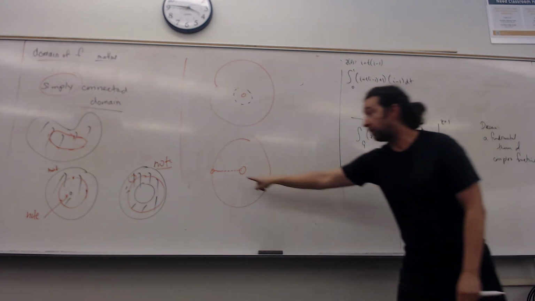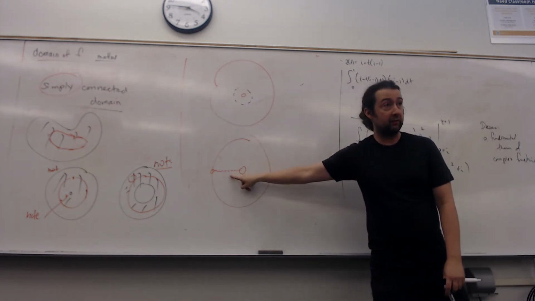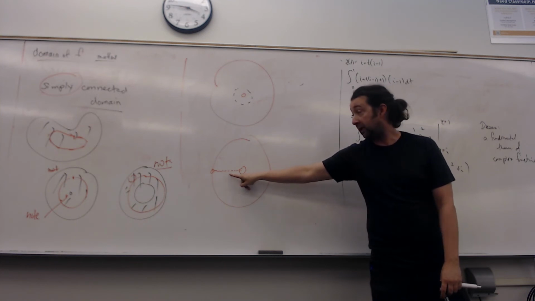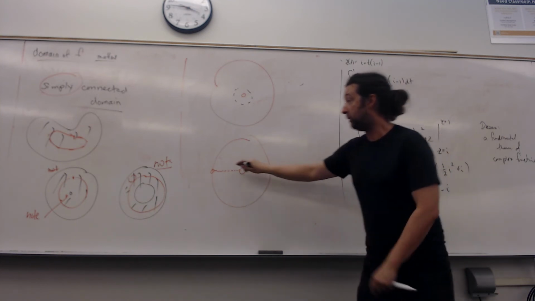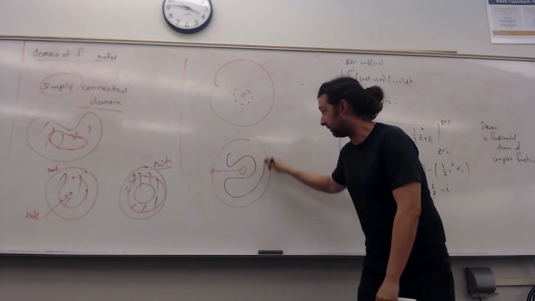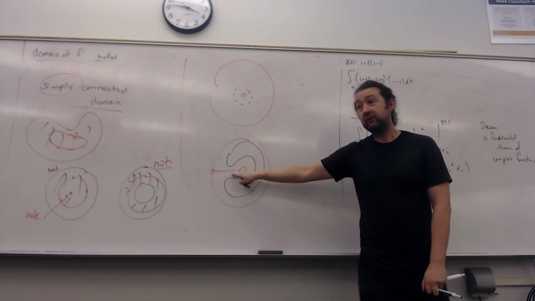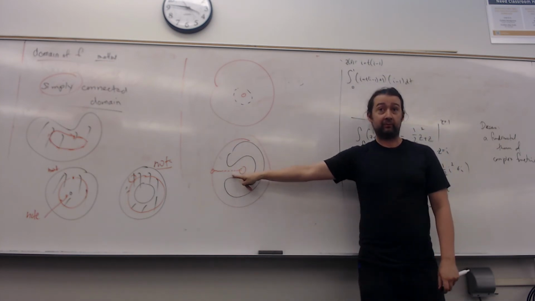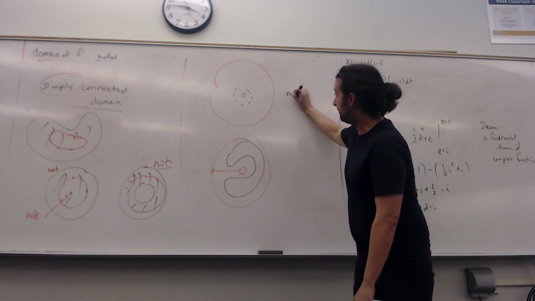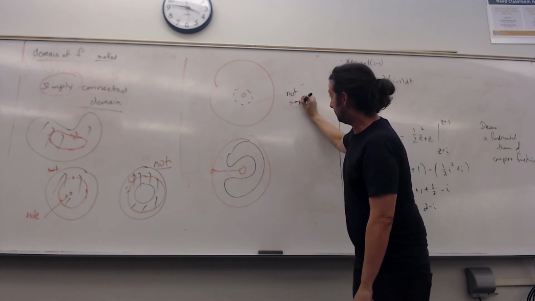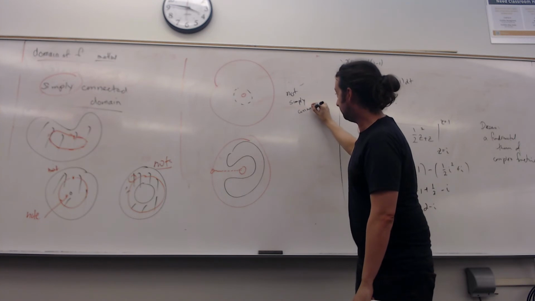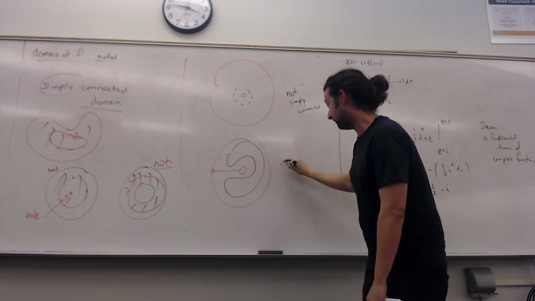Because I'm not allowed to make a loop that goes through this line, this line is not contained in this set, right? So a loop can't pass through this. Loops can look like this in here, but they can't go through this line because that's not part of the set. So this is not simply connected, but this is simply connected.